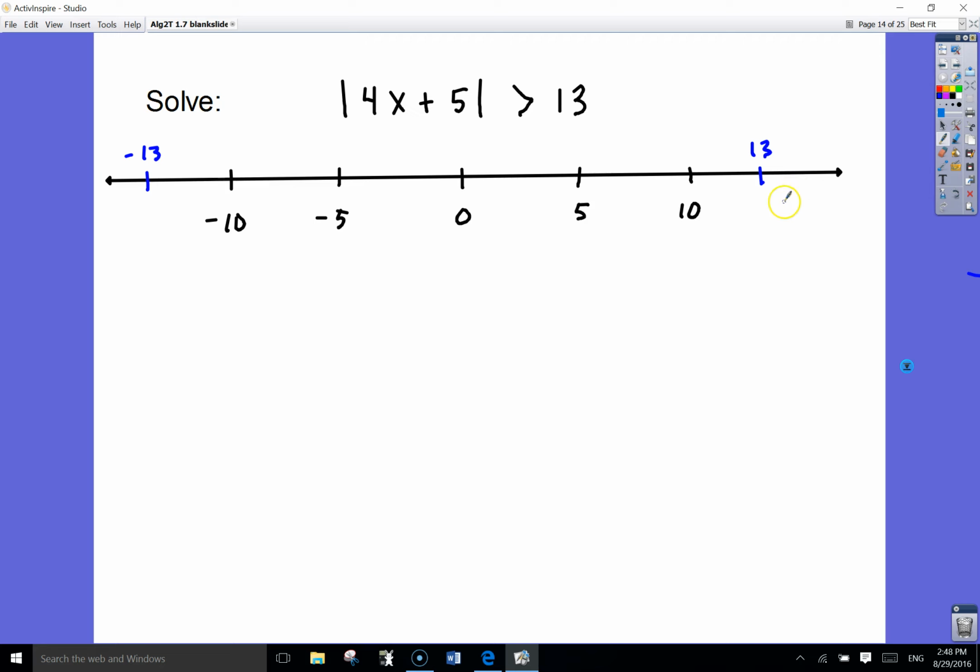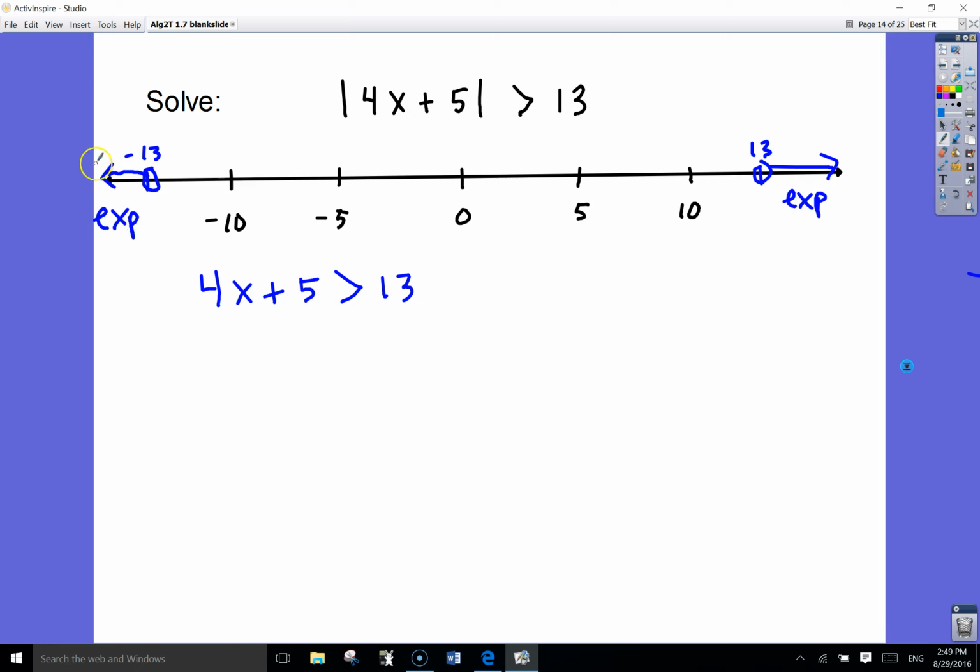So basically, if our expression is in this zone right here, to the right of 13, then it's good. So that's going to be one of our inequalities: 4x plus 5 is greater than 13. But it would also be okay if 4x plus 5 is less than negative 13, meaning to the left of this.